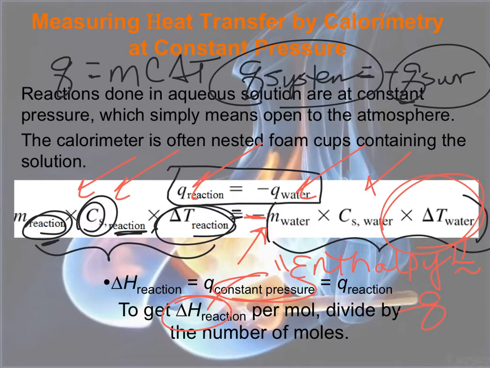When somebody says constant pressure, it just means regular atmospheric pressure. You're not doing anything weird like pressurizing it, so it's a pretty safe bet. Anyway, so whenever you see delta H enthalpy, you can assume that it's the same thing as heat, small q.